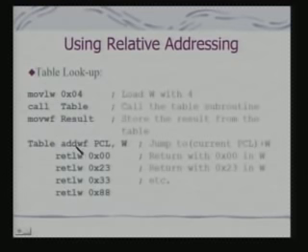Because here I am adding this content of W to PCL to index onto the table, and which entry I am looking at is specified by this argument. So, if I change this value, I shall return from the subroutine by executing some other RETLW instruction. So, I shall return with a different value, and that is why this is implementing a table lookup operation.